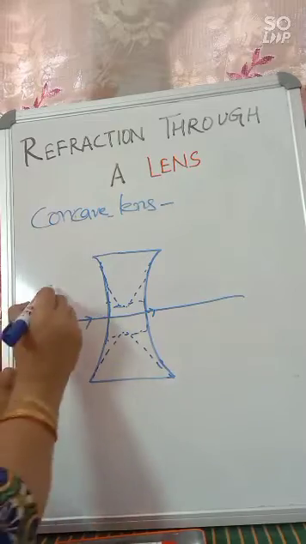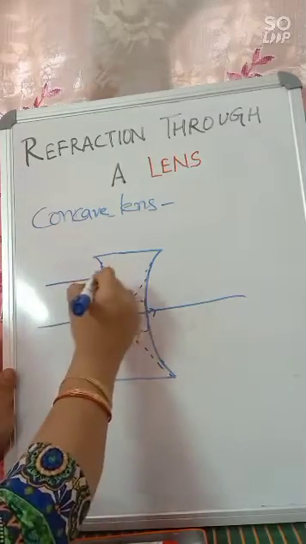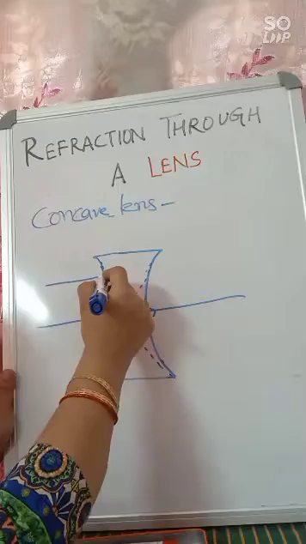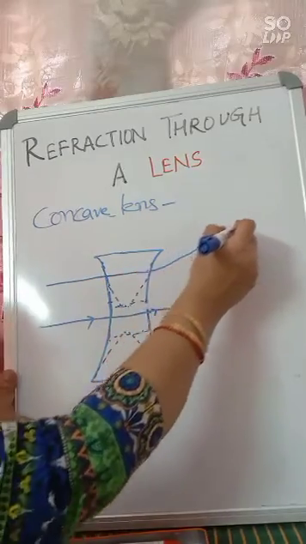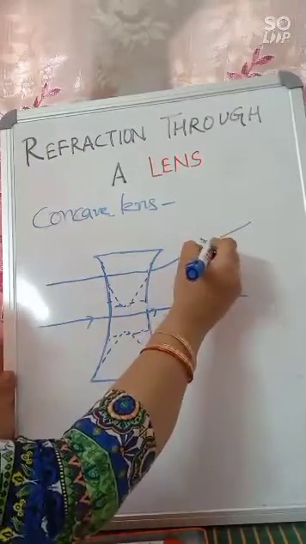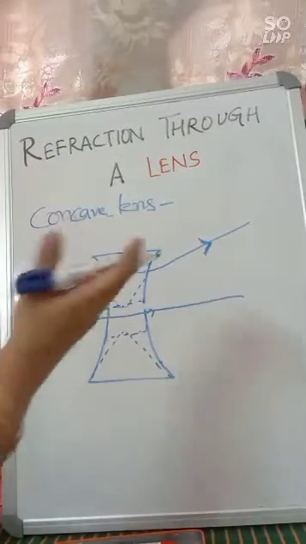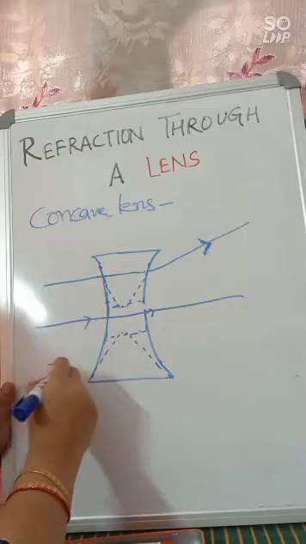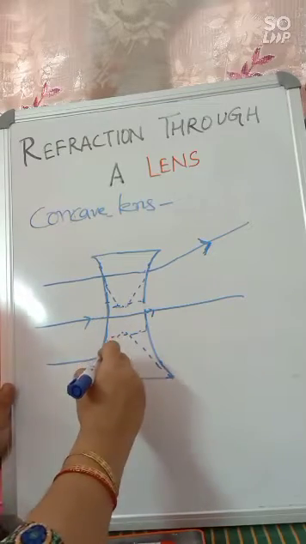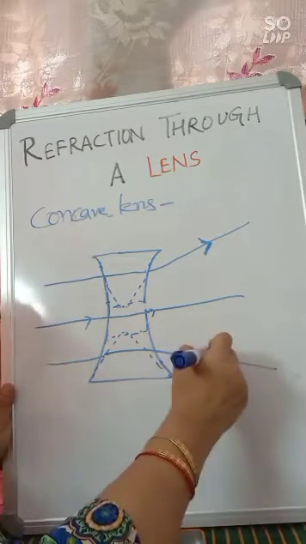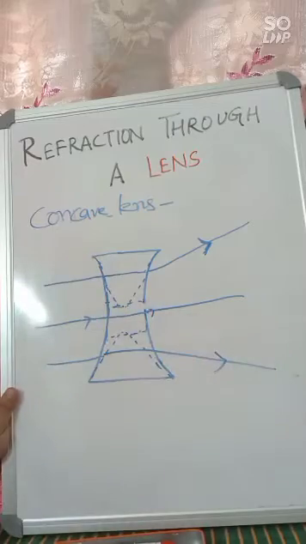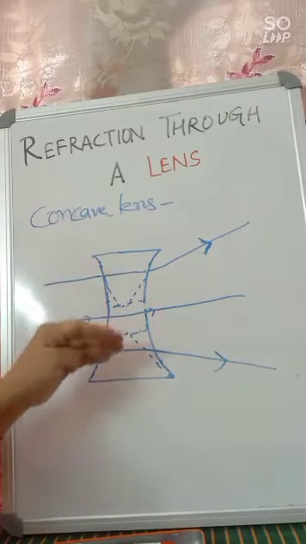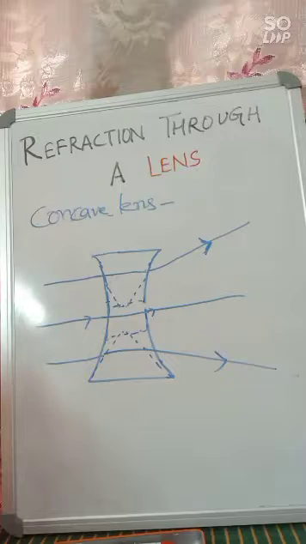Next is any ray passing through a prism. After refraction, it will bend towards the base of the prism. So this is the base of the prism, and it is bending towards the base of the prism. Same way here, a ray again passing through a prism, after refraction, it will bend towards the base of the prism.